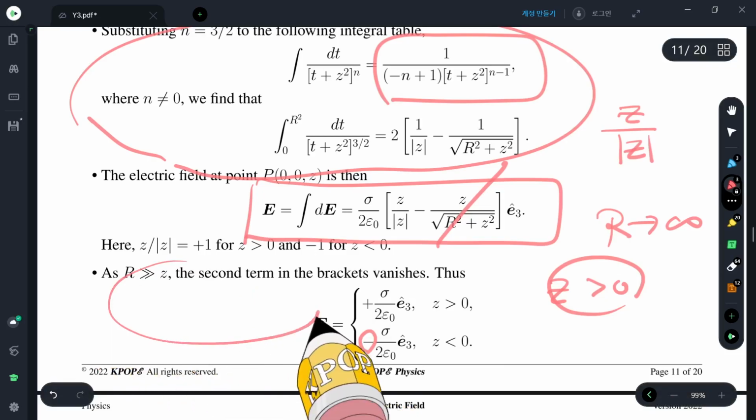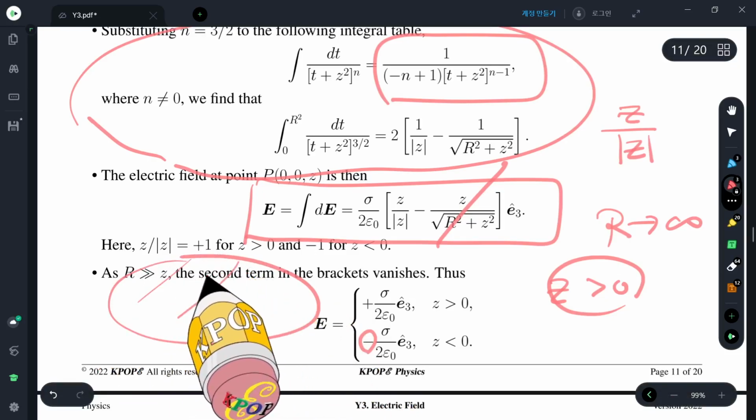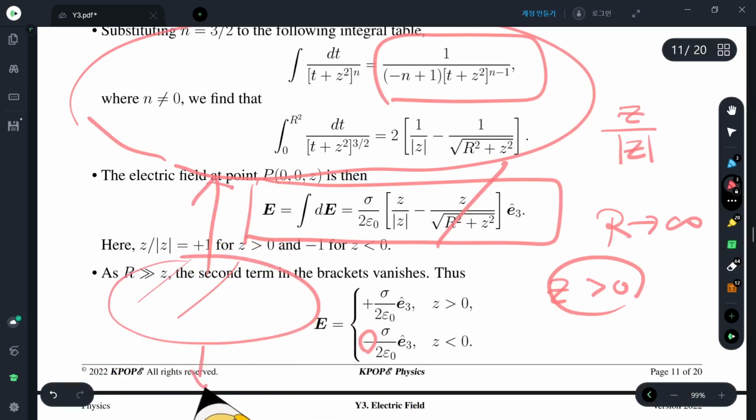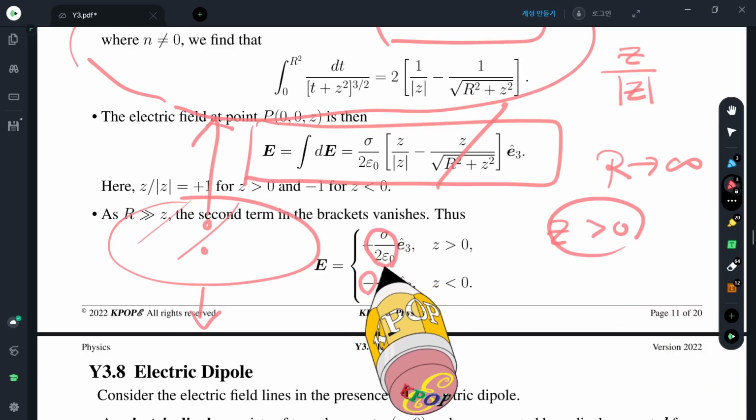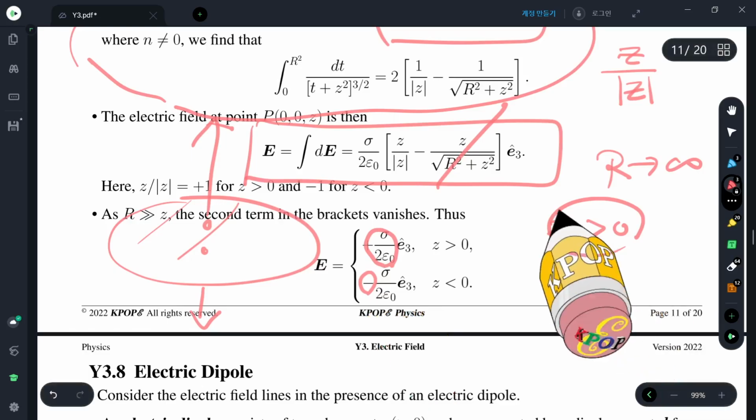So a uniform disk generates the electric field in the opposite direction on each side. And this is a very important expression. You have to remember it exactly.